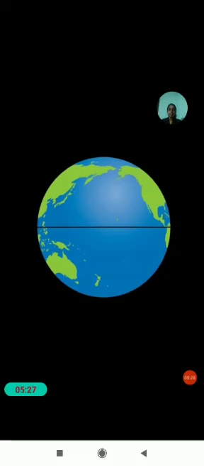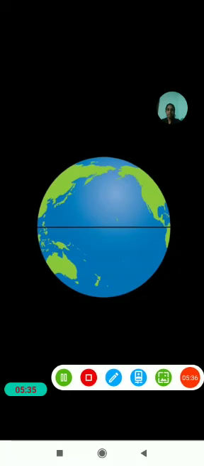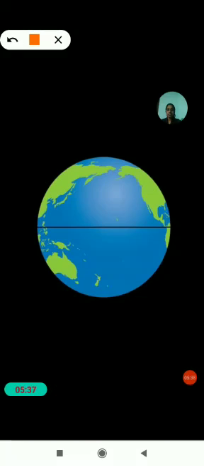The part of the Earth which lies to the north of the equator is called the northern hemisphere. The part of the Earth which lies to the south of the equator is called the southern hemisphere.